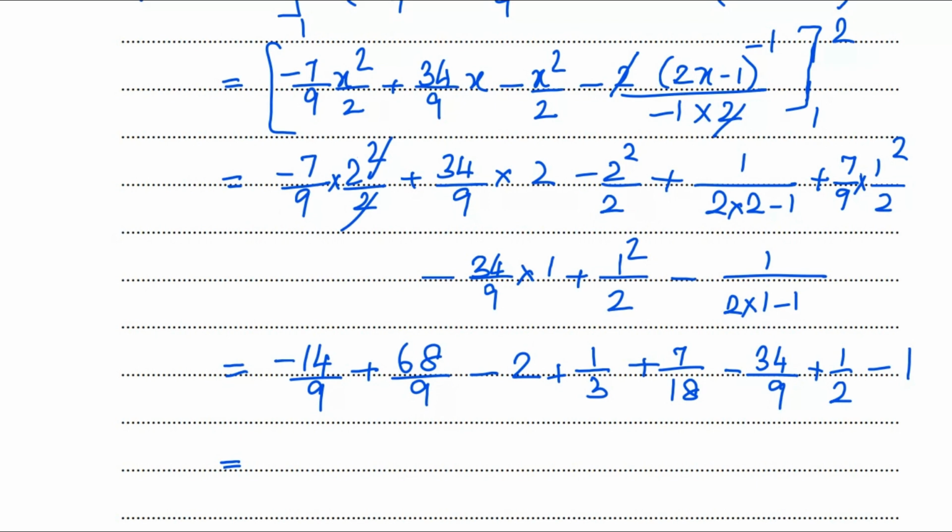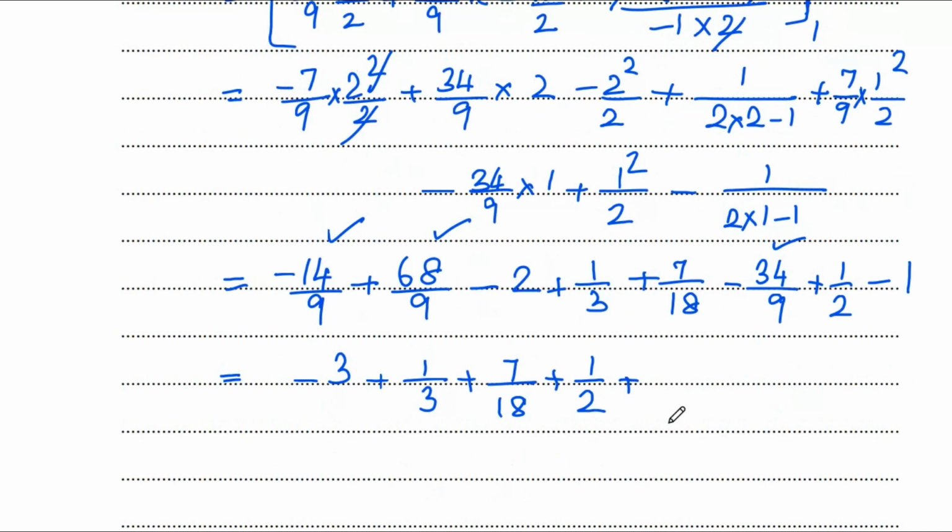Let's combine the whole numbers. Negative 2 minus negative 1 will become negative 3. Then plus 1 over 3 plus 7 over 18 plus 1 over 2. Now combine all the three numbers which has the denominator as 9. 68 minus 14 minus 34.